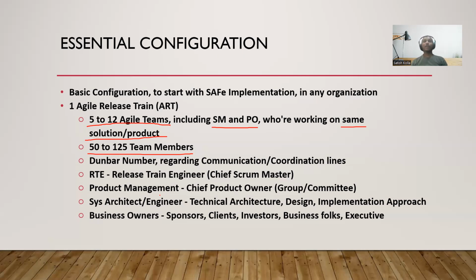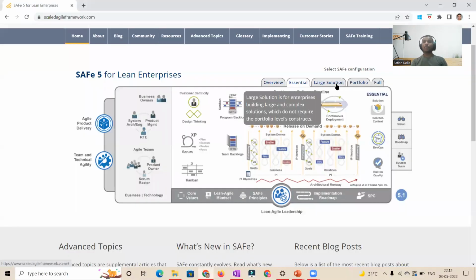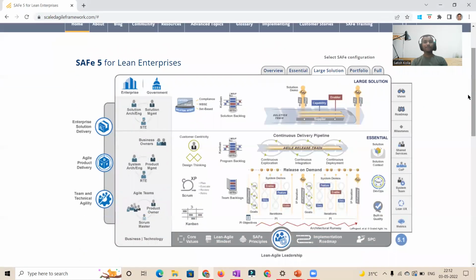So let's quickly move into the large solution configuration. Before going into the slide, let me show how the large solution comes into context. The moment I click on the large solution tab, the large solution framework or configuration is displayed on scaledagileframework.com. Here, if you see, the essential still remains the same.